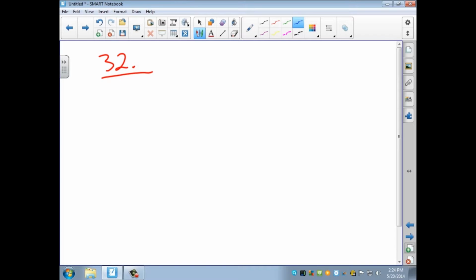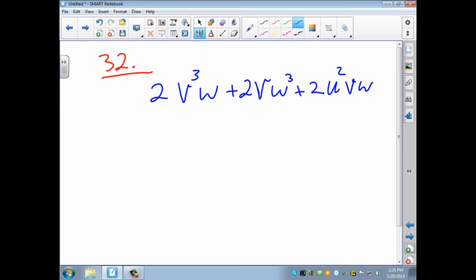It says 2v to the third w plus 2v w to the third plus 2u squared v w. Okay, and it's asking you to factor the expression.